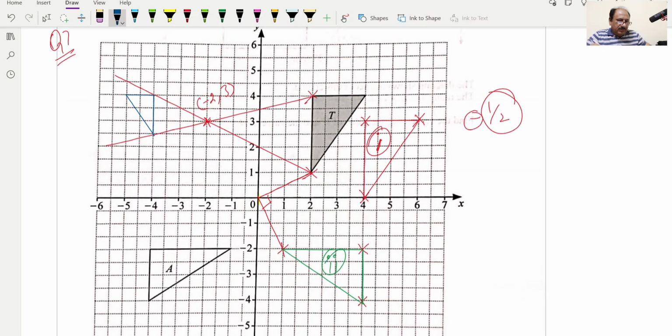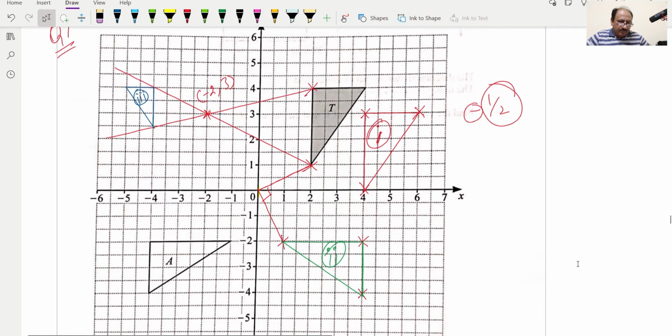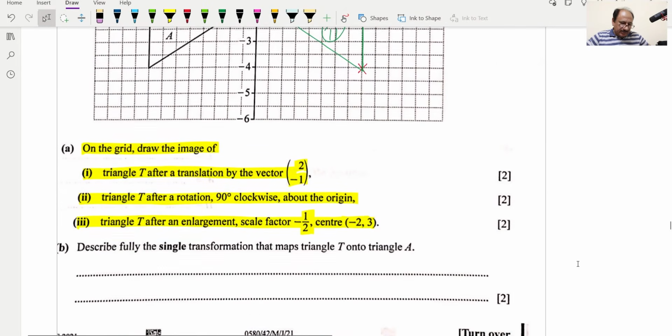So this will be the answer for part 3. So we can write here 3. So this will be minus 2 and 3, and it will be reducing to half, and minus 1 by 2 means it will be on the other side of the center.